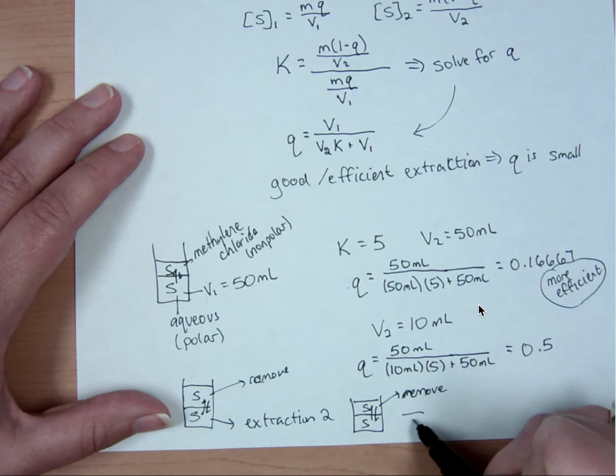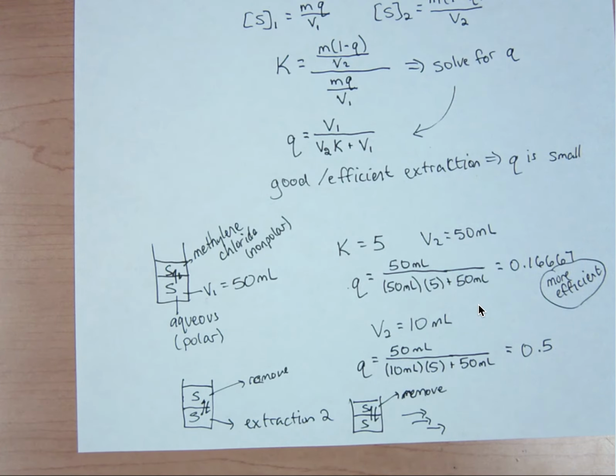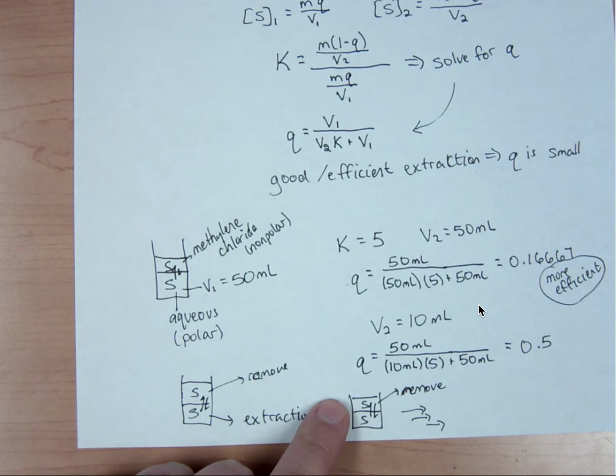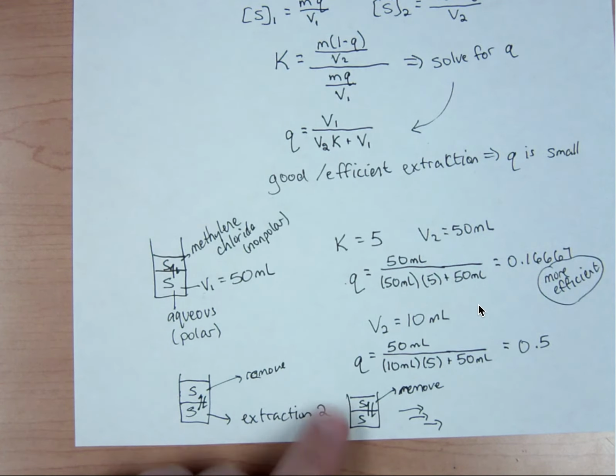And we repeat this over and over and over such that we're constantly taking the same phase 1 solution and removing subsequently more and more of our analyte by adding fresh aliquots of phase 2. What does this mean about the efficiency?